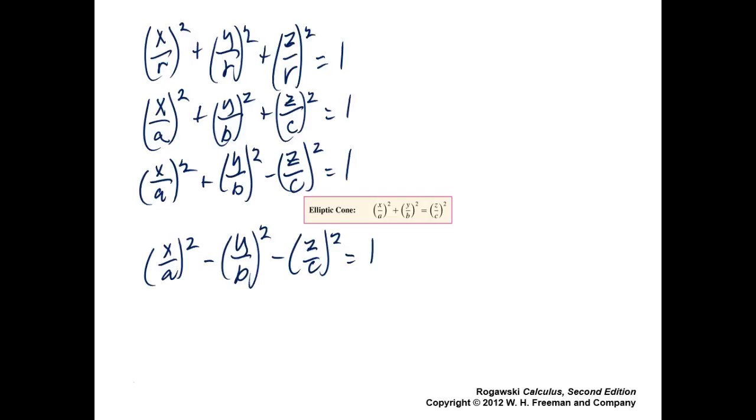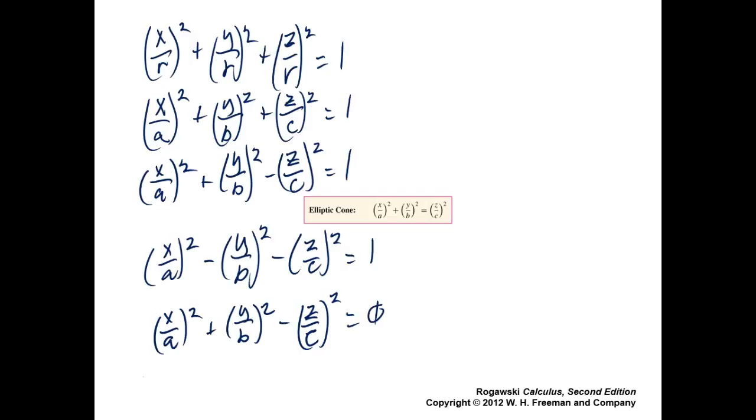All right. Now our next one, in fact, the next two aren't going to have ones here. The way they rewrite some of the others is minus one, especially this one. They're going to have zeros. So this one will be x over a squared minus y over b squared, plus or minus z over c squared is equal to 0.